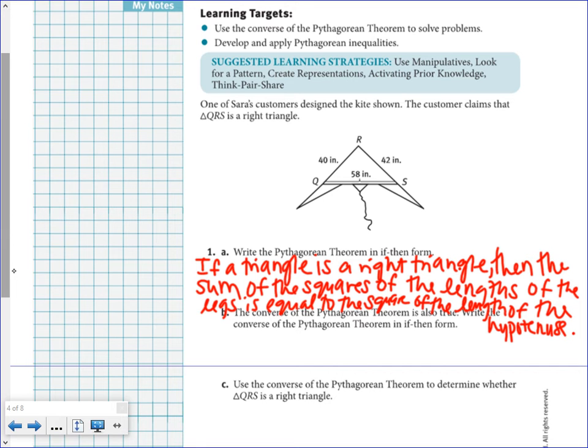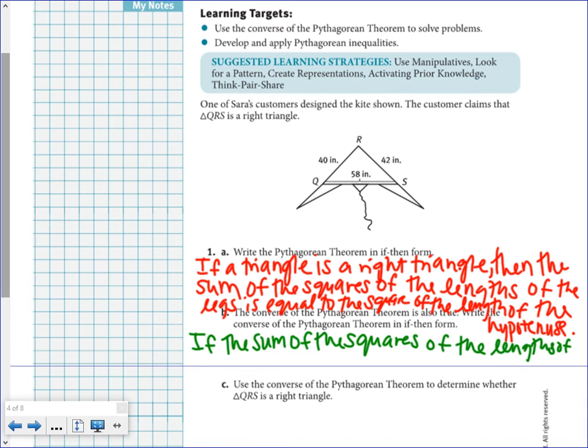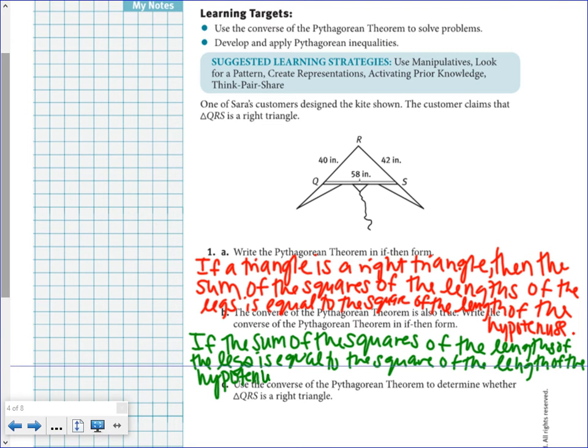So for our converse, we're going to say if the sum of the squares of the lengths of the legs is equal to the square of the length of the hypotenuse, then your triangle is a right triangle.